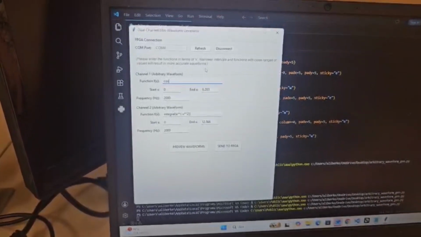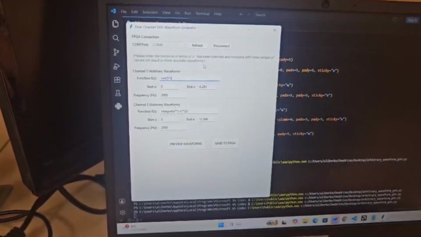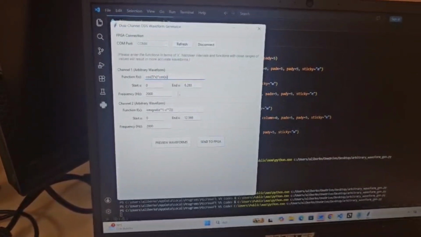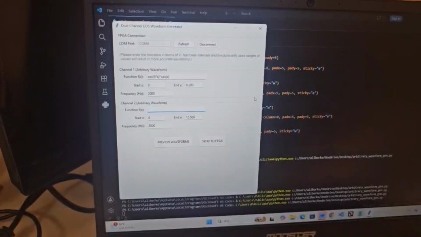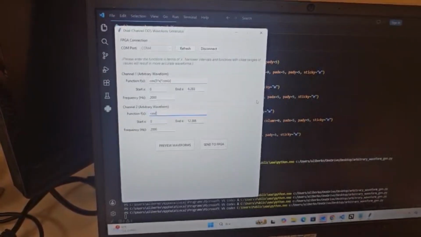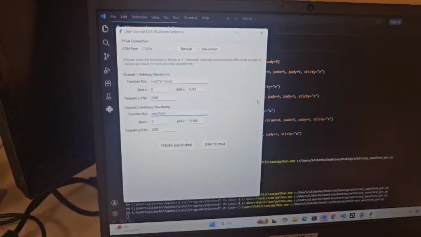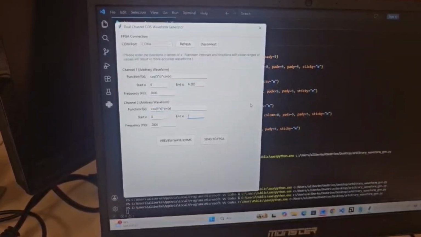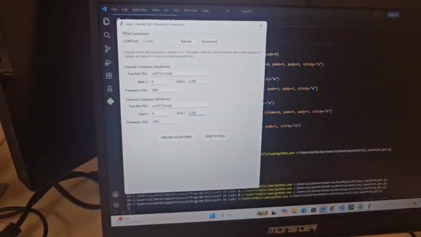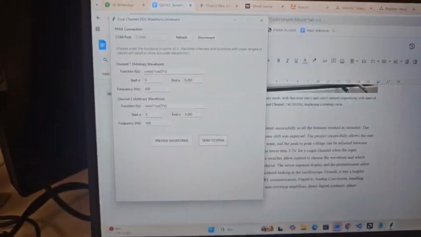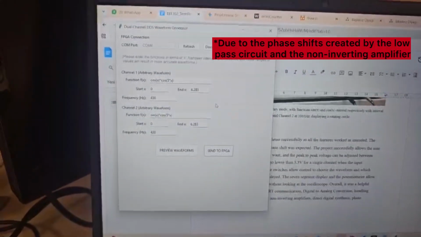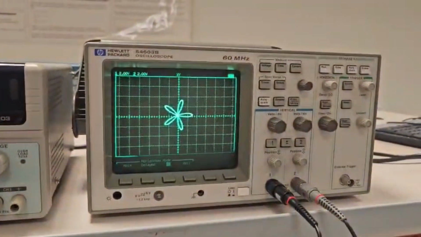We will have cosine 5x times cosine x, and then on the y-axis we will have cosine 5x times sine x from 0 to 2 pi. We have tried some frequencies for the flower shape, and the one that works best is 430 Hz, and as you can see we have a flower shape with 5 leaves.